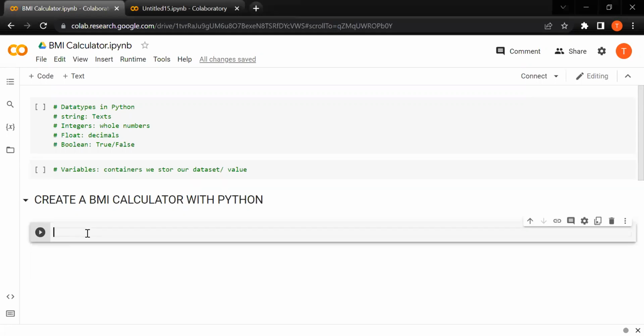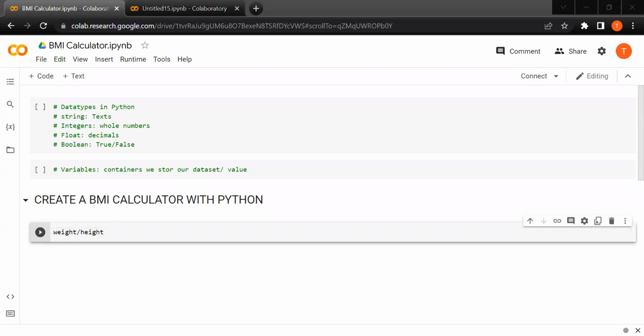So that's our formula. Our formula is weight divided by height. Is it weight divided by height? It should be weight divided by height, divided by 100.